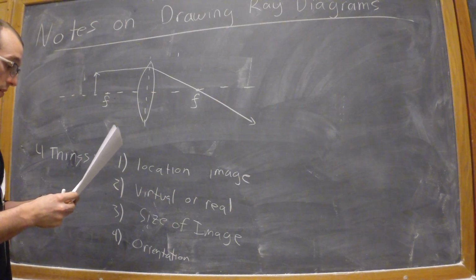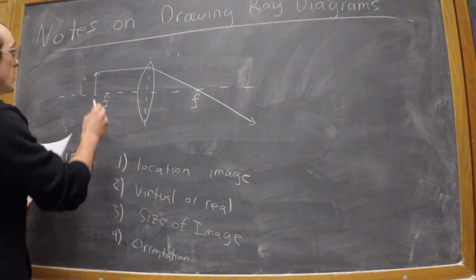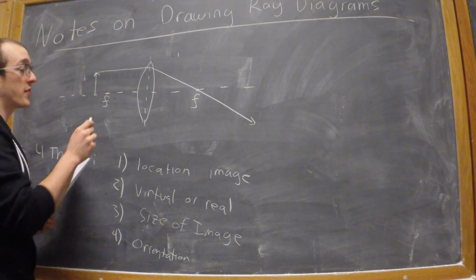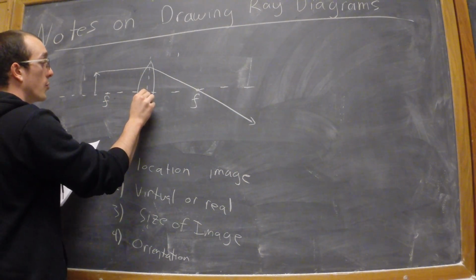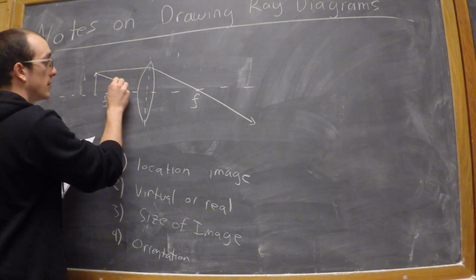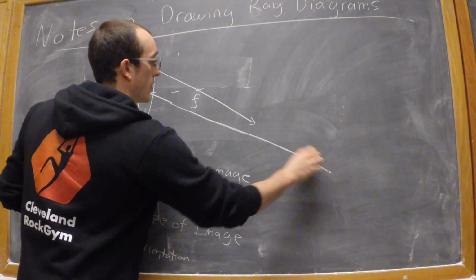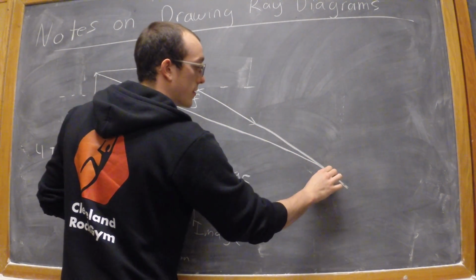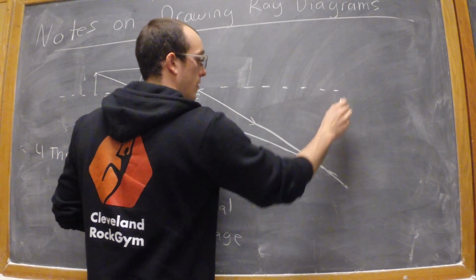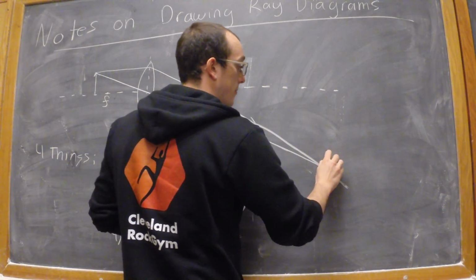And then the second line that we draw starts at the top of the image and will go through the center of the lens. And then if you extend these out, the place where these cross, this is the image point.